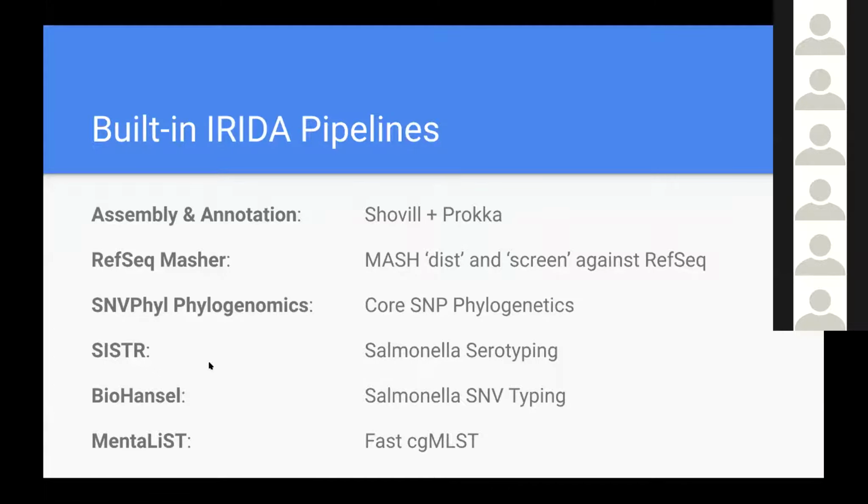You can do some Salmonella-specific analysis using tools called SISTR and BioHansel. And as we mentioned earlier, MentaLiST can do fast cgMLST and whole genome MLST analysis as well. So that's what you get built in once you just set up your Irida instance from the start. Those all come bundled with the system.